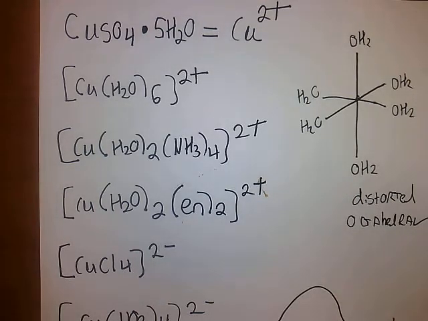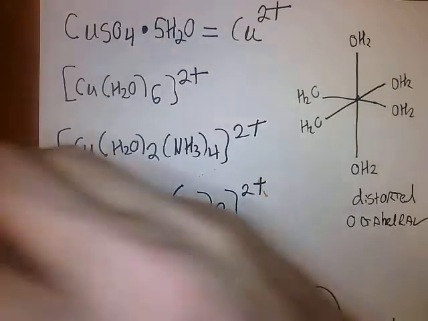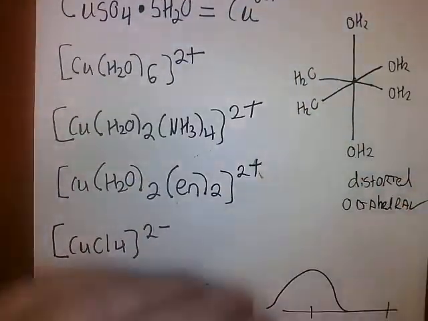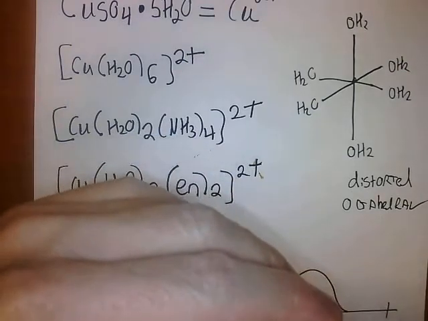So the next solution that we're going to add is the 15 molar ammonia. Instead of adding water, we have another test tube, and we're going to add 15 molar ammonia.